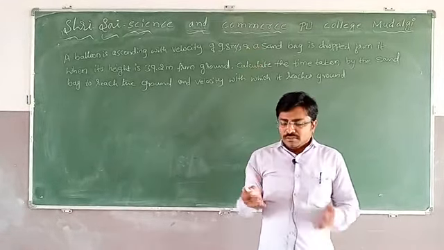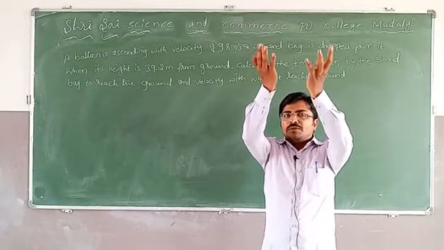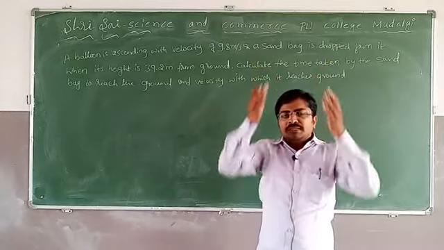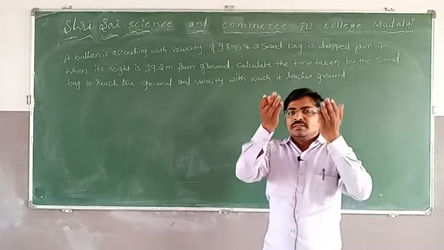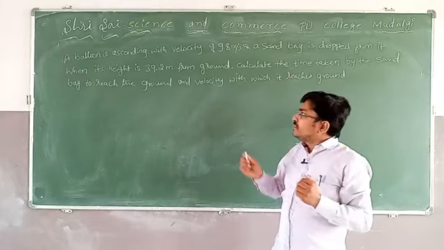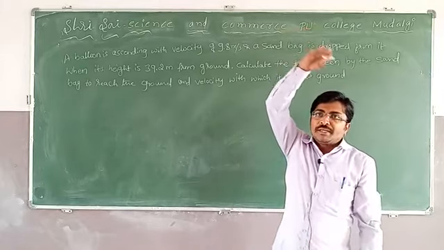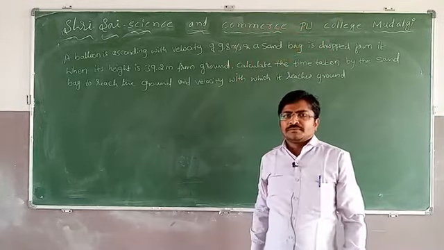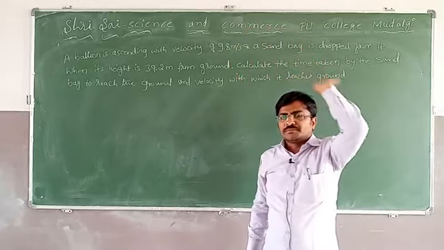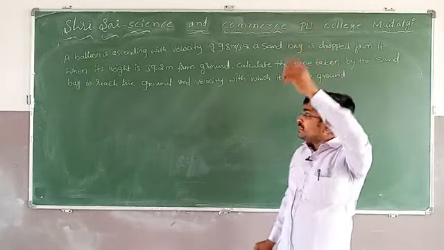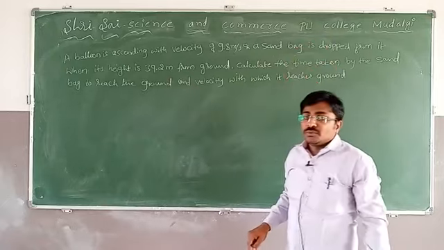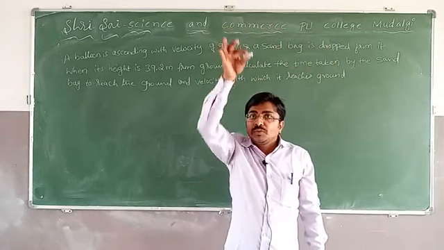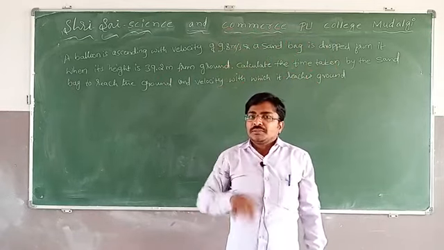When you drop it, actually the balloon is rising up. What is the velocity of that balloon? 9.8 meter per second. If the balloon is rising up, the sandbag is also rising with that balloon, so its velocity is also 9.8 meter per second. When that balloon is at a height of 39.2 meter, a person drops the sandbag. Then that sandbag comes down, and how much time it takes to reach the ground, that we have to find out.